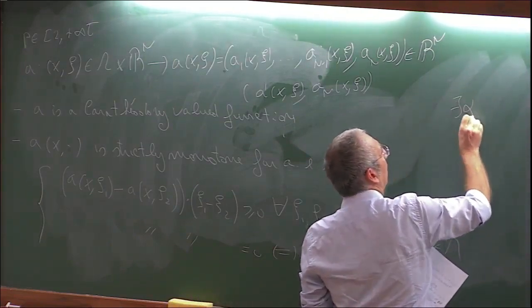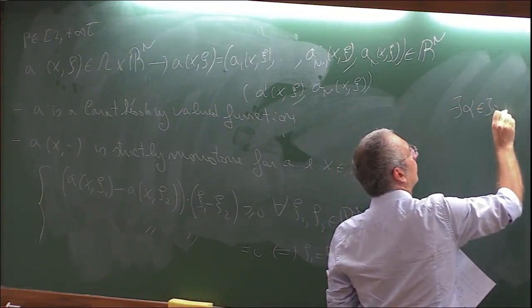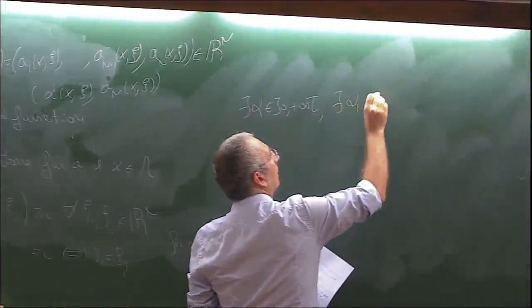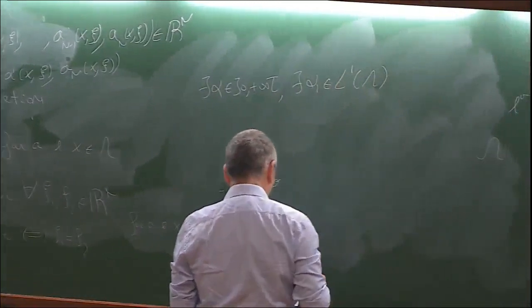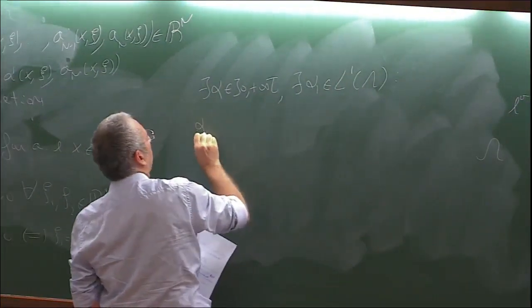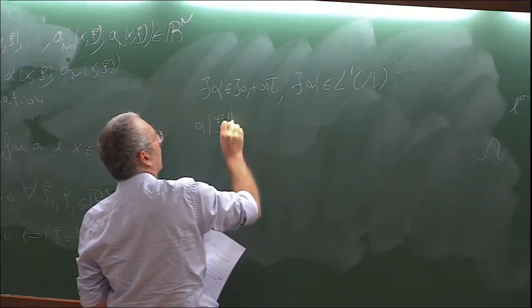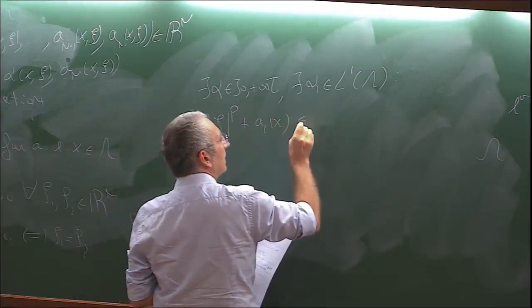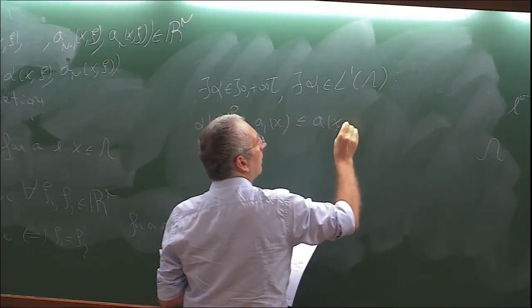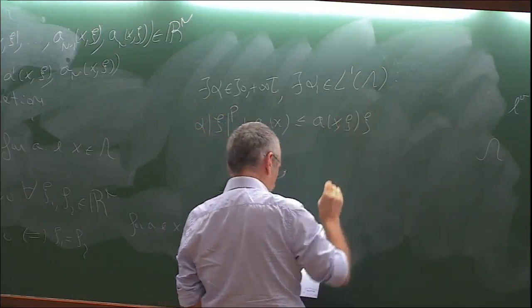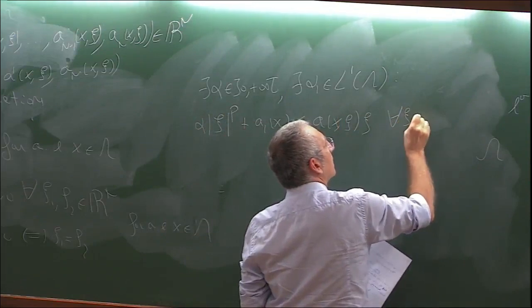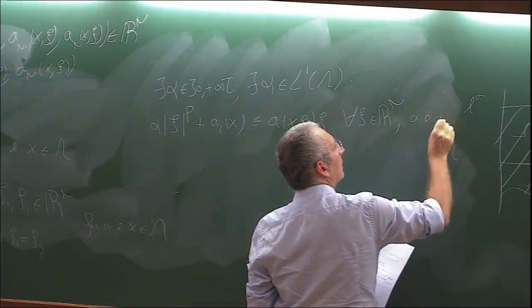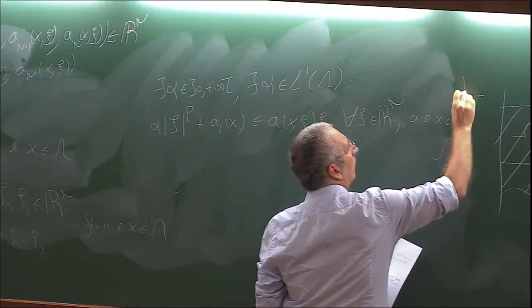There exists alpha greater than 0 and there exists a function F1 in L1 of omega such that alpha modulus of c to the power p plus F1 of x is less than A of x, c inner product c, for every c in R^n and for almost everywhere x in omega.